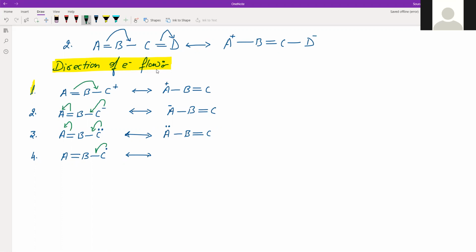Same way, out of these 2 pi electrons shared between A and B, only 1 electron will come here.